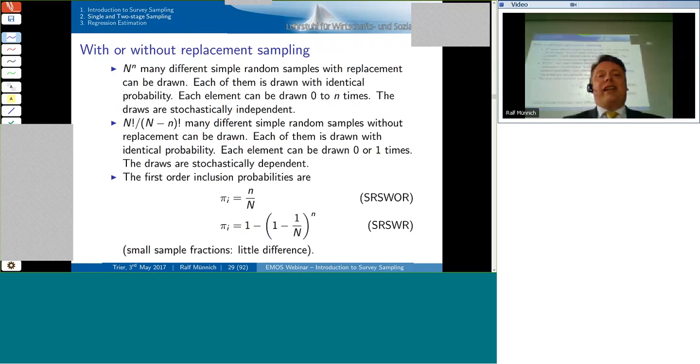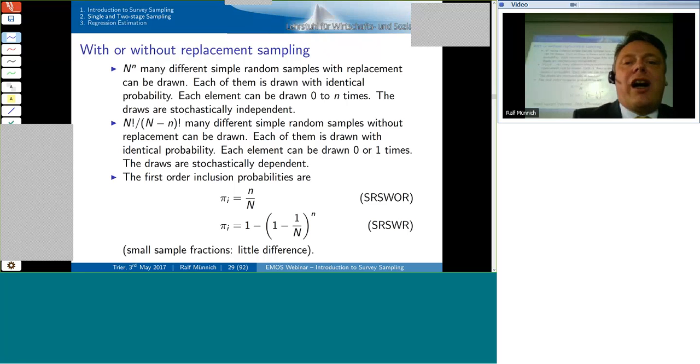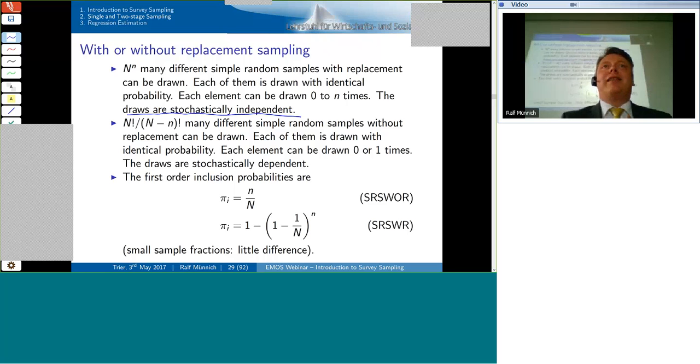What do we have to tackle here? Well, in the case of with-replacement sampling, we have capital N to the power of small n different samples. And very important here, we have one advantage: all draws are stochastically independent, because once you have drawn some elements, with the next draw you have the same elements which you can draw. So there is no dependency from draw to draw.